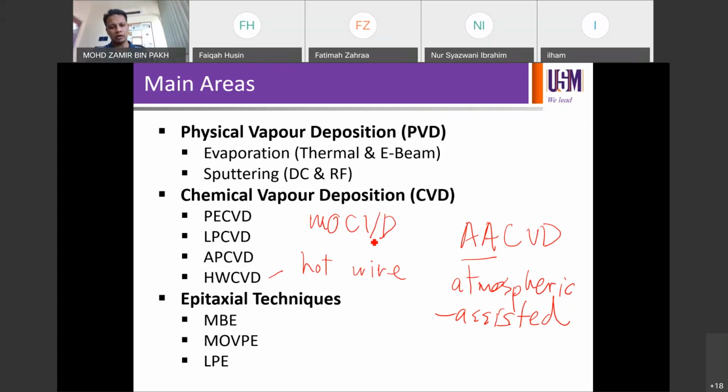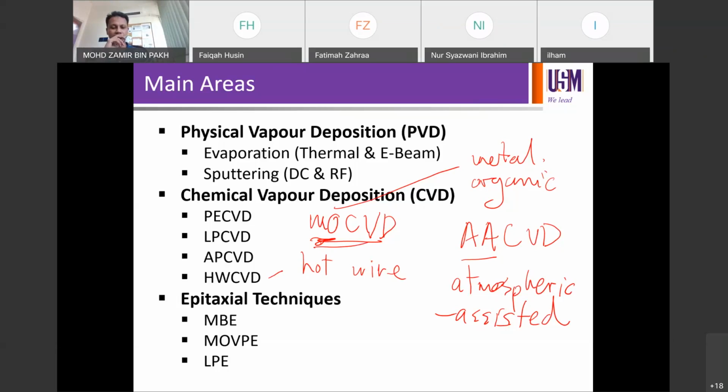This is the one we have in Aino for blue LED preparation. We have this in Aino, MOCVD, for what? Blue LED deposition, nitride based deposition. In fact, OSRAM also uses MOCVD to prepare their LEDs, front end fabrication.